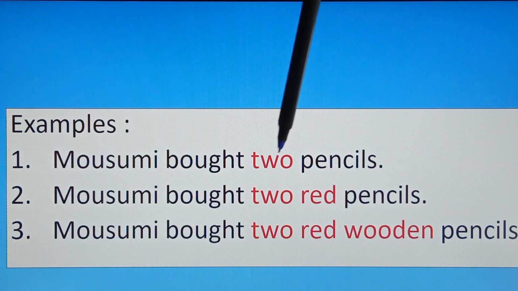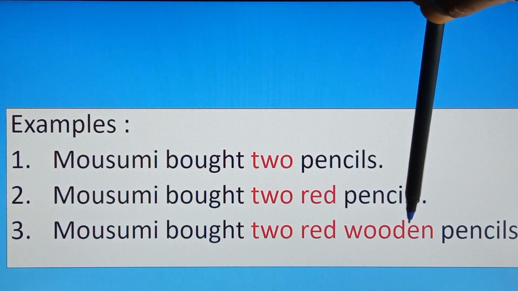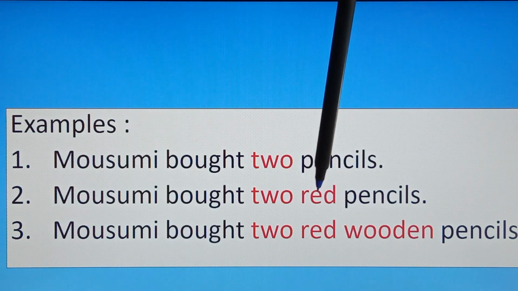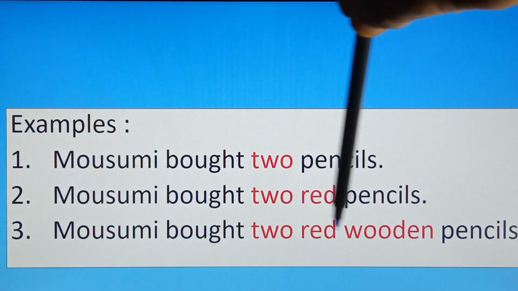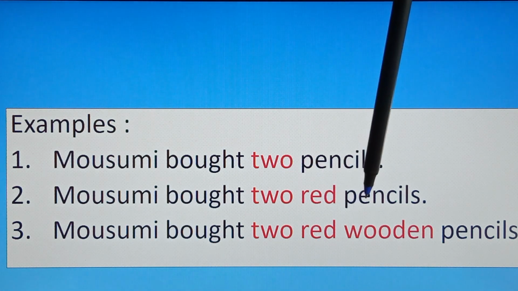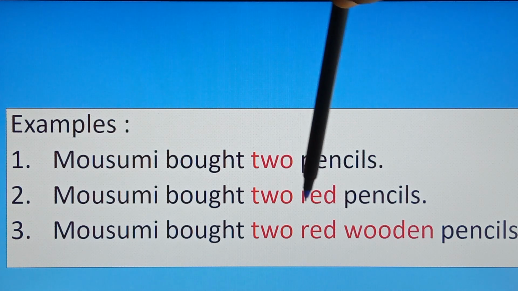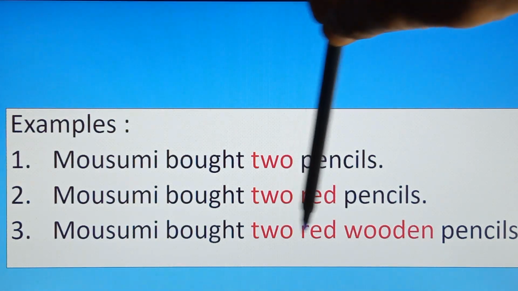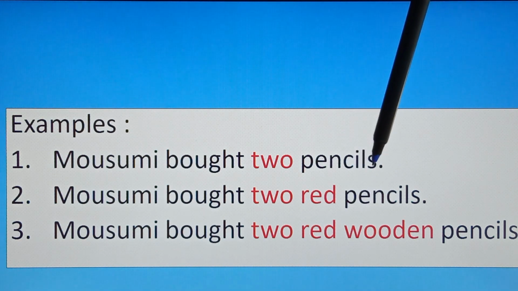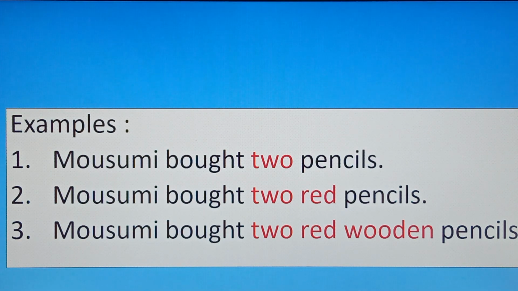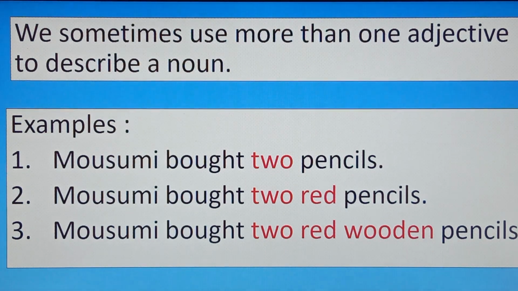Here there is only one adjective, here two adjectives, and here 3 adjectives, and those adjectives describe the noun pencils. Sometimes we use more than one adjective to describe a noun, not only one.